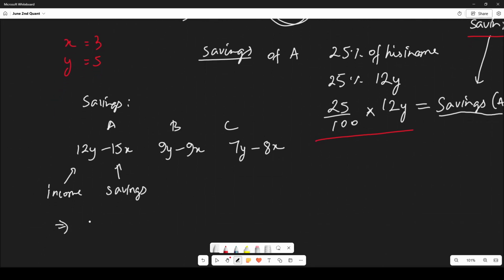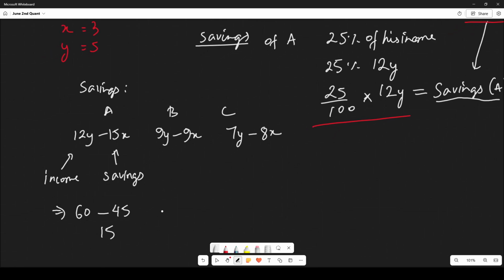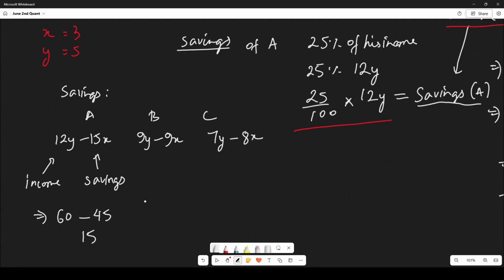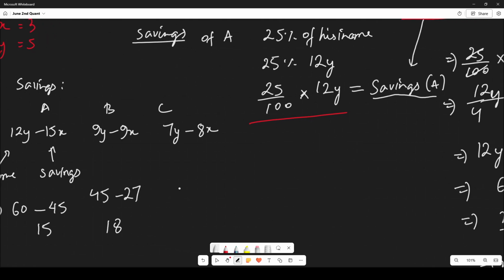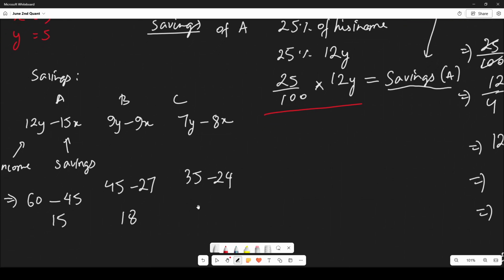If we find the values, we will get 60 minus 45, which is 15. Here we will get 45 minus 27, which is 18. Here we will get 35 minus 24, which is 11.